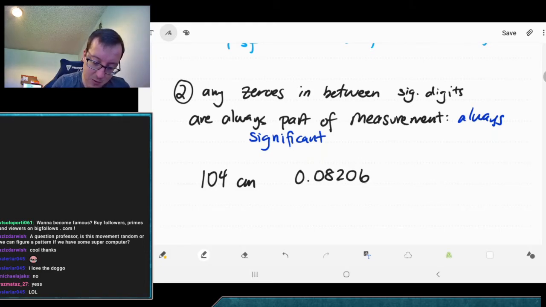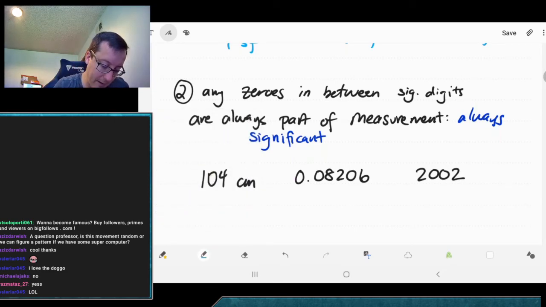Let's just have some more random numbers here. All these zeros in between significant digits will always be significant because they're a valid part of our measurement.